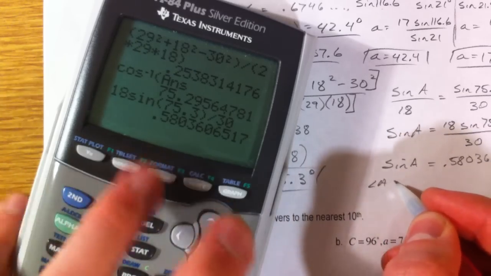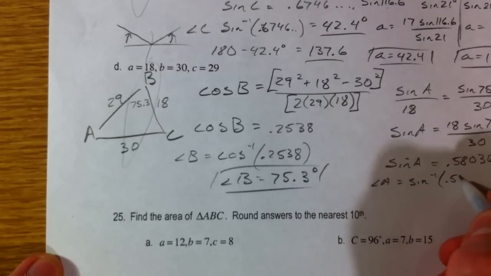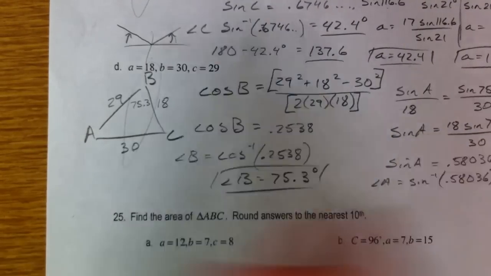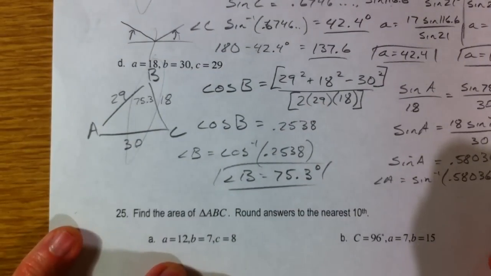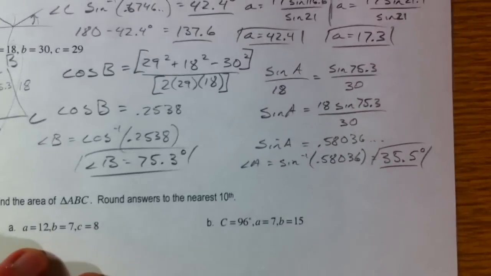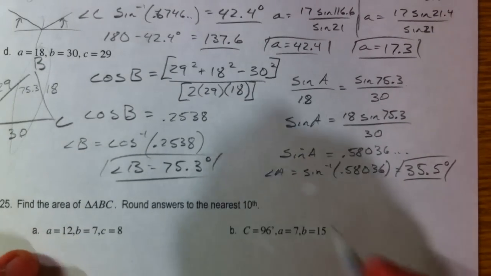Angle A is equal to the inverse sine of that. So we hit the second button and then the sine, and we get 35.5 degrees. Sorry about that. Need to watch where I'm writing.